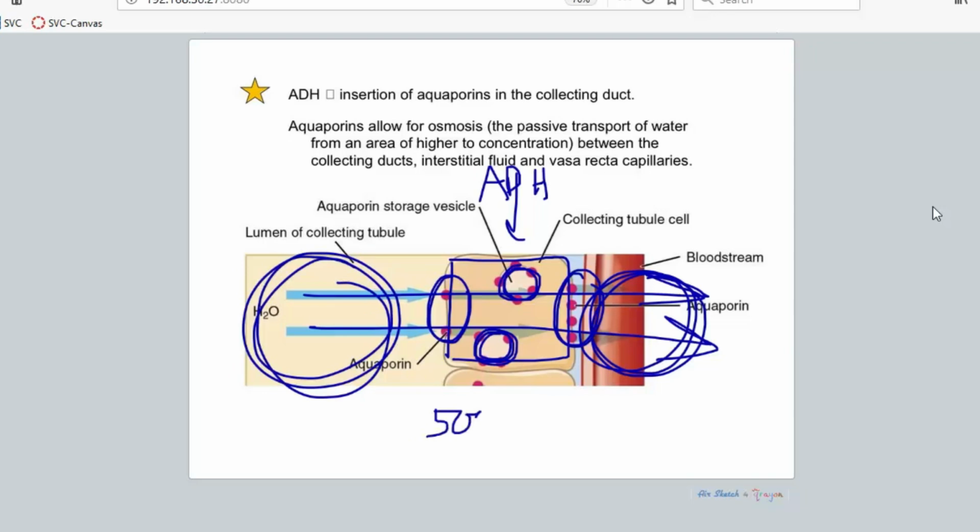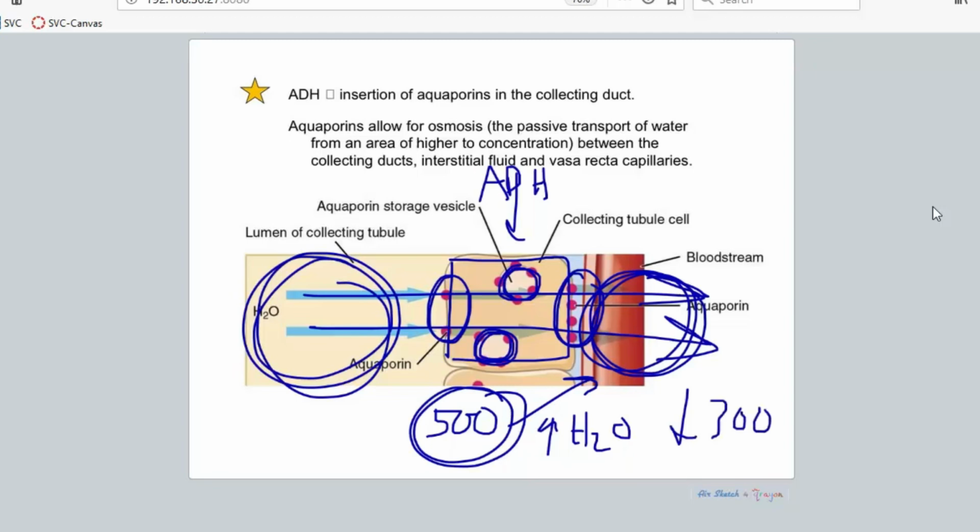And if our osmolarity was 500 in the blood, way too high, then if we increase the amount of water in the blood, it dilutes out those solutes and brings it back down to where it needs to be, at about 300.